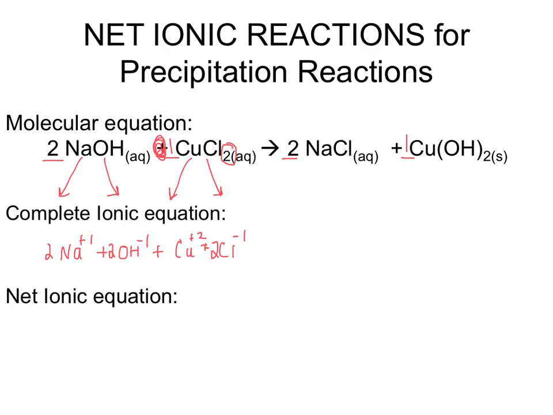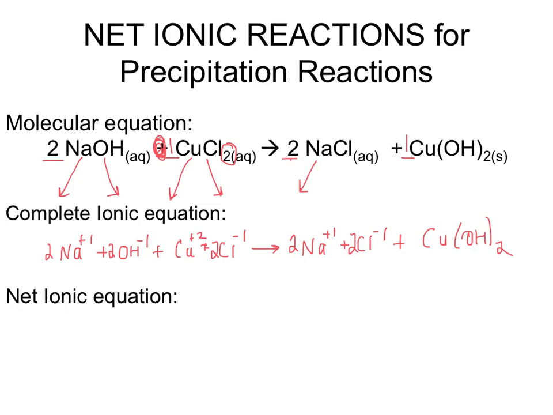The coefficient was 1, so I don't need to do any special multiplication there. I'm going to put my arrow here, and once again I'm going to break this down into the sodium ion, which is a +1 ion, and the chloride ion. There is a 2 in front of it, so that means I have 2 sodium and 2 chloride. And then my copper hydroxide is my precipitate, so I'm going to keep that intact.